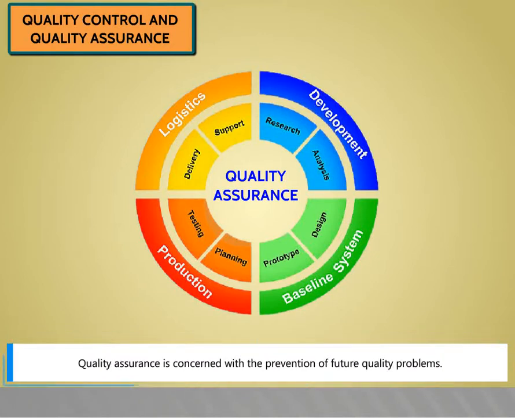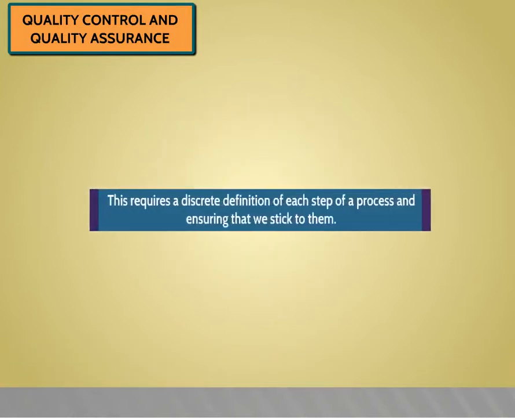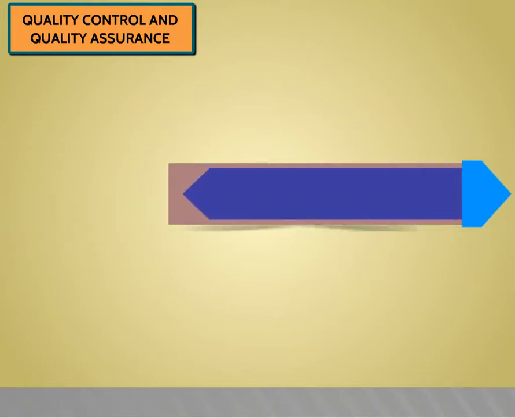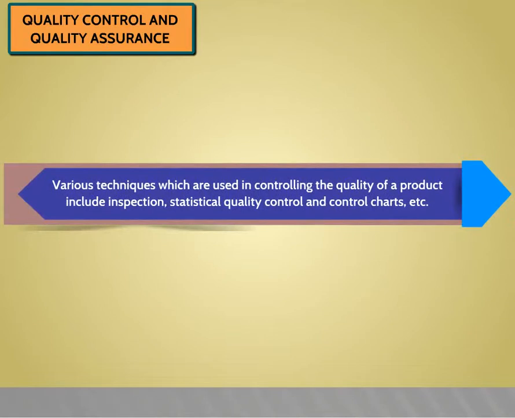Quality assurance is concerned with the prevention of future quality problems. This ensures a discrete definition of each step of a process and ensuring that we stick to them. Various techniques which are used in controlling the quality of a product include inspection, statistical quality control, and control charts, etc.